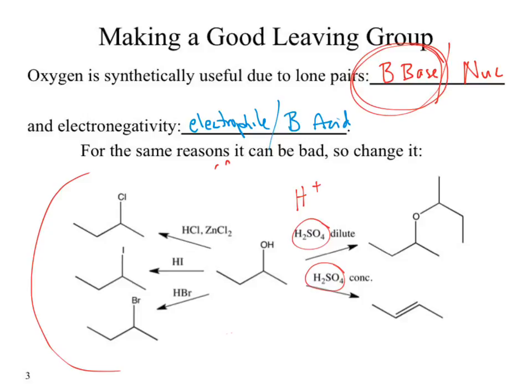So the oxygen acts as a Bronsted-Lowry base. And we now again form our phenomenal leaving group. Why do we not see a substitution? Let me switch that up because we do see a substitution. When we're under dilute conditions, only a small amount of our alcohol converts across to our water leaving group. Where the heck did all those other carbons come from?